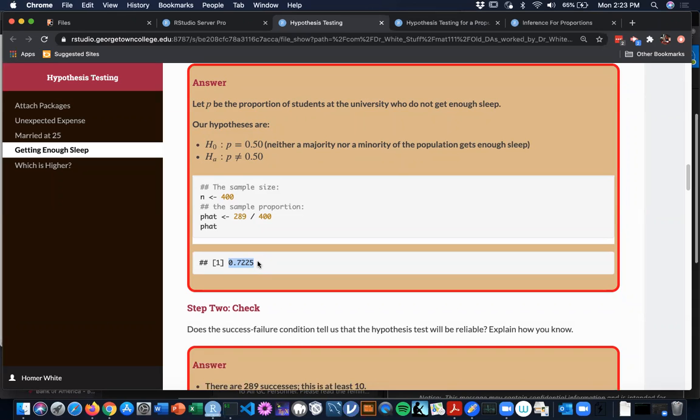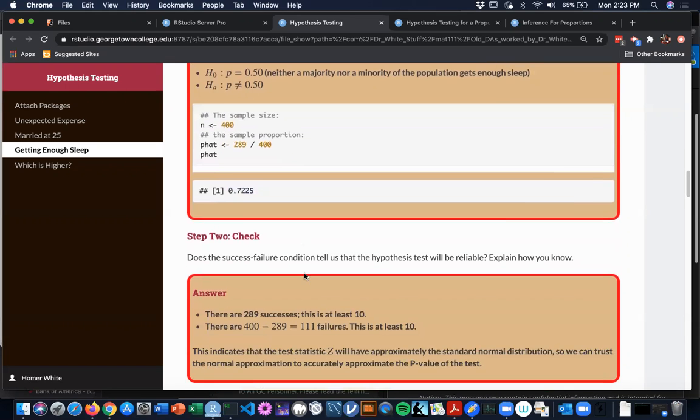Instead, like 72% didn't get enough sleep. That seems like a lot more than what the null hypothesis would be expecting. So this already looks a little alarming for the null, but you need to get more precise and more scientific about it to see if the 72.25% is so far away that it couldn't just reasonably be chance variation in the sampling process.